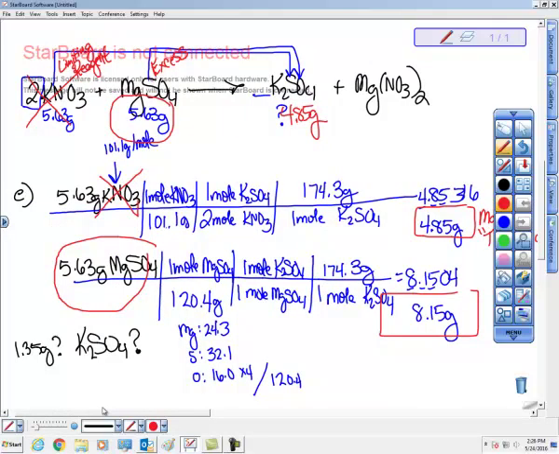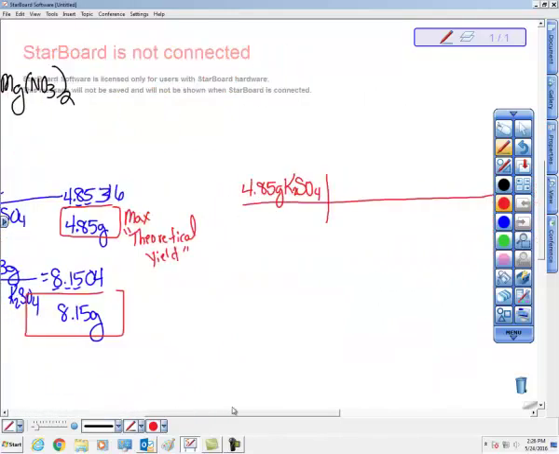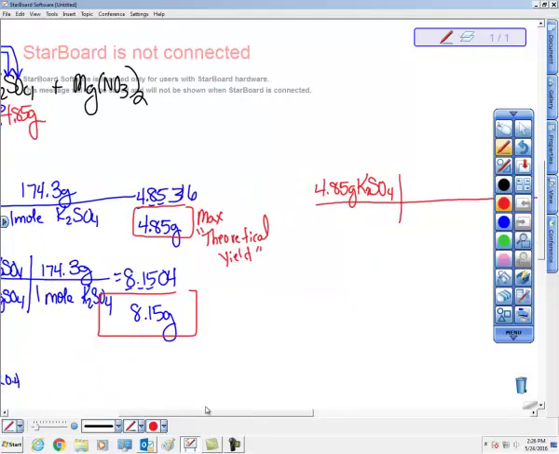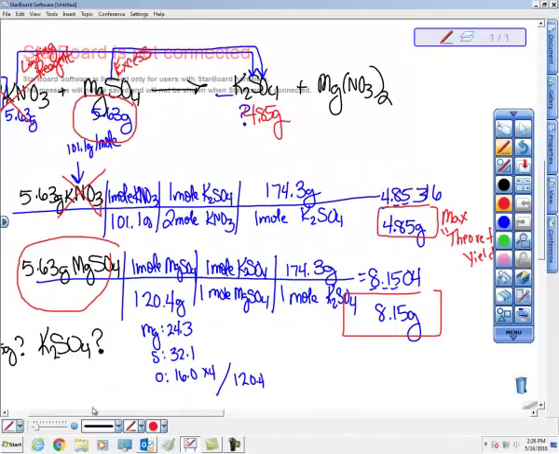And the best part about doing this problem is that I am working backwards, and I already did all of my molar masses. The molar mass of my K2SO4 is 174.3 grams. So again, what I'm doing is I'm calculating how much MgSO4 I actually used, because I did not use all of it. Alright, the ratio between K2SO4 and MgSO4 is 1 to 1.